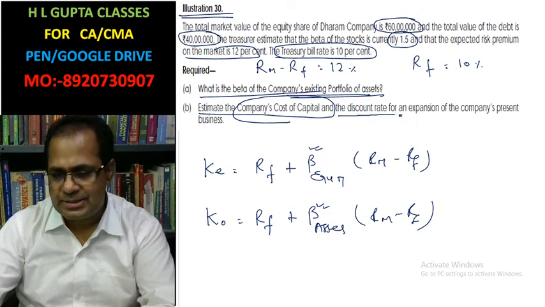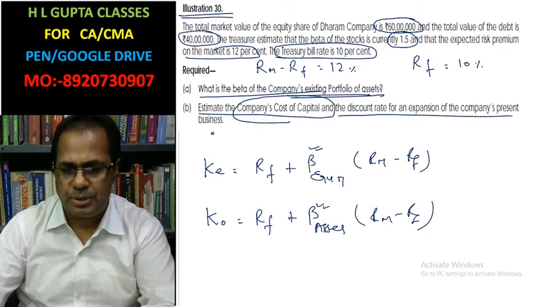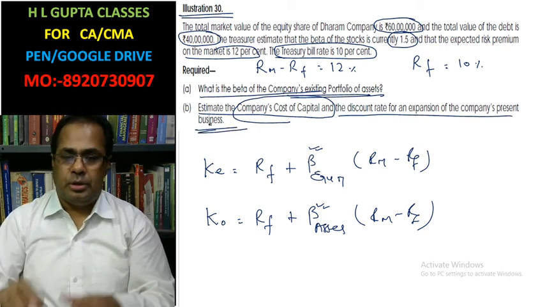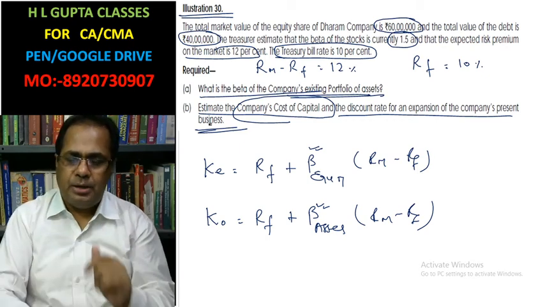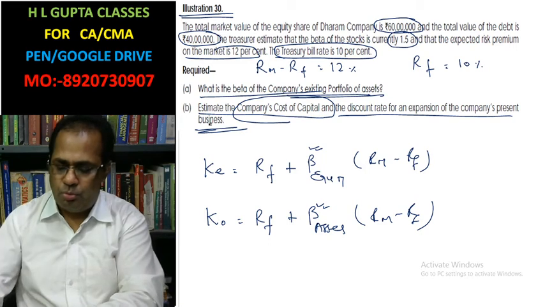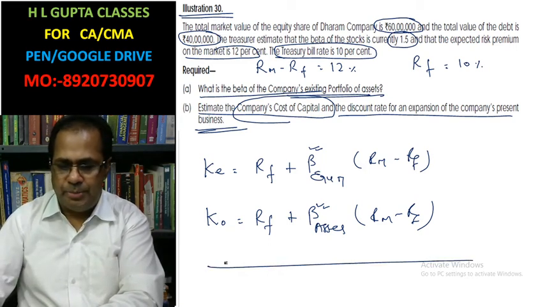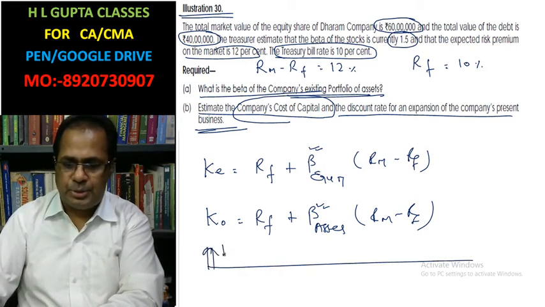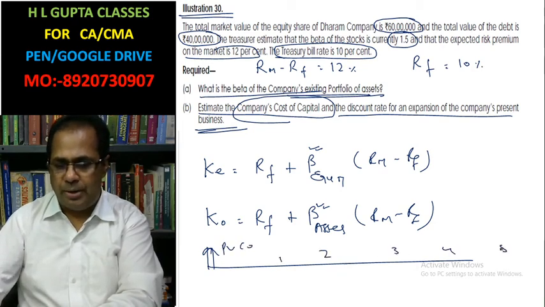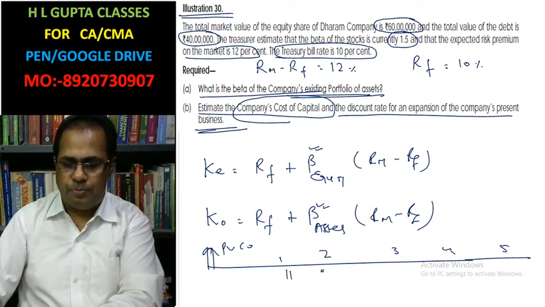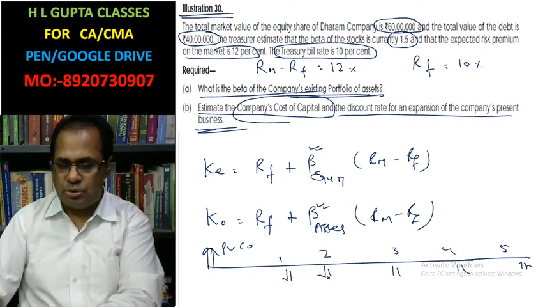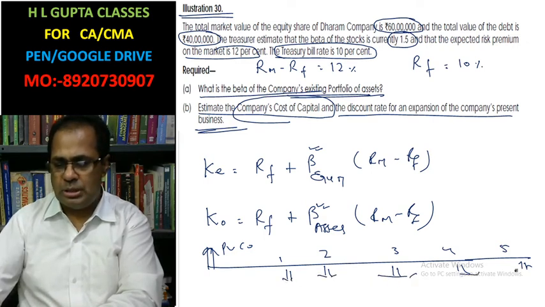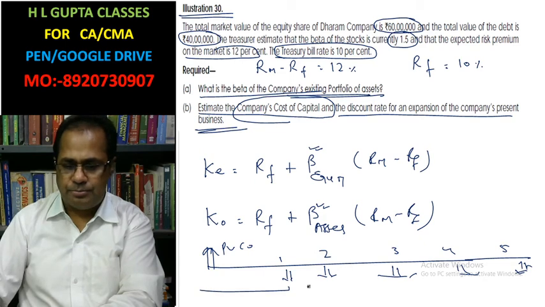And the discount rate for the expansion of the company's present business. Discount rate is generally used in capital budgeting. For evaluating any project, you have the present value of cash outflow, and cash inflows in years 1, 2, 3, 4, 5. All these cash inflows are brought to present value.